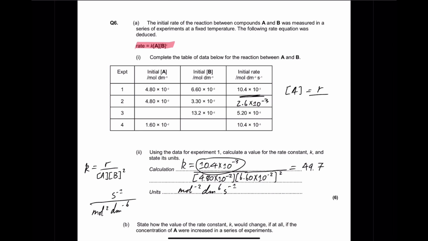R over K B squared. 5.2 times 10 to the power of minus 3 over 49.7 times by 13.2 times 10 to the power of minus 2, squared.